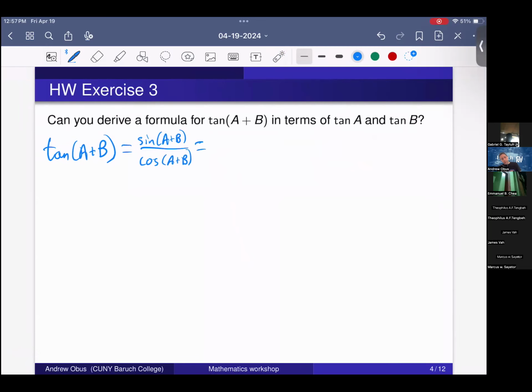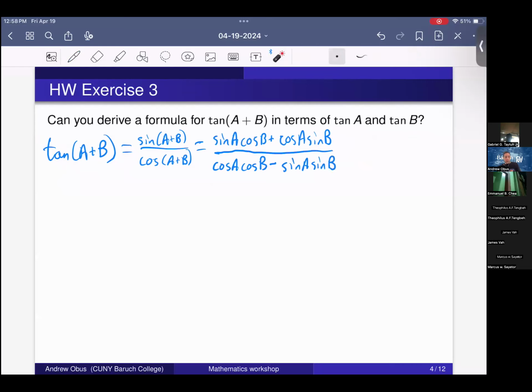I can write out the formulas if I want to. That's going to be sine a cosine b plus cosine a sine b, divided by cosine a cosine b minus sine a sine b. Since we mix them up with sine, and then for cosine the plus becomes a minus.